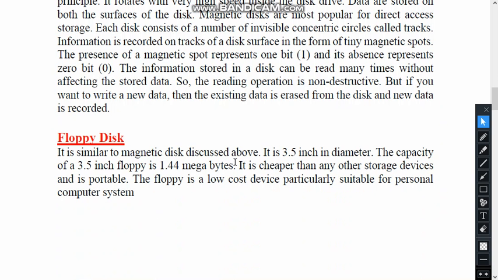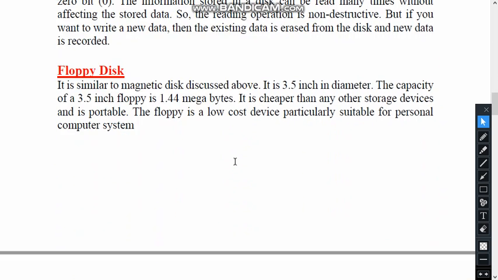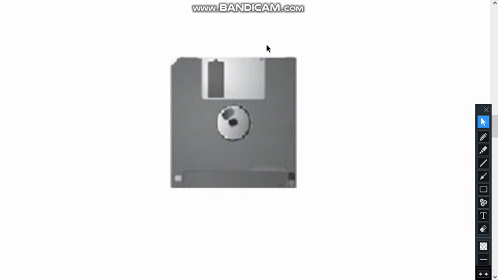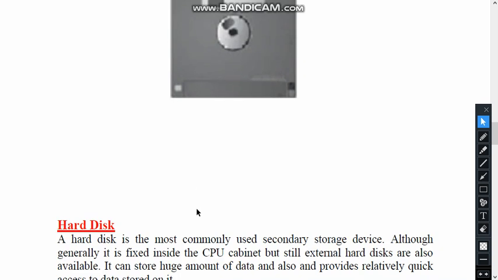The floppy is a low cost device particularly suitable for personal computer systems. If you remember, the floppy disk looks like this. Earlier we used this floppy disk to store the information or data.